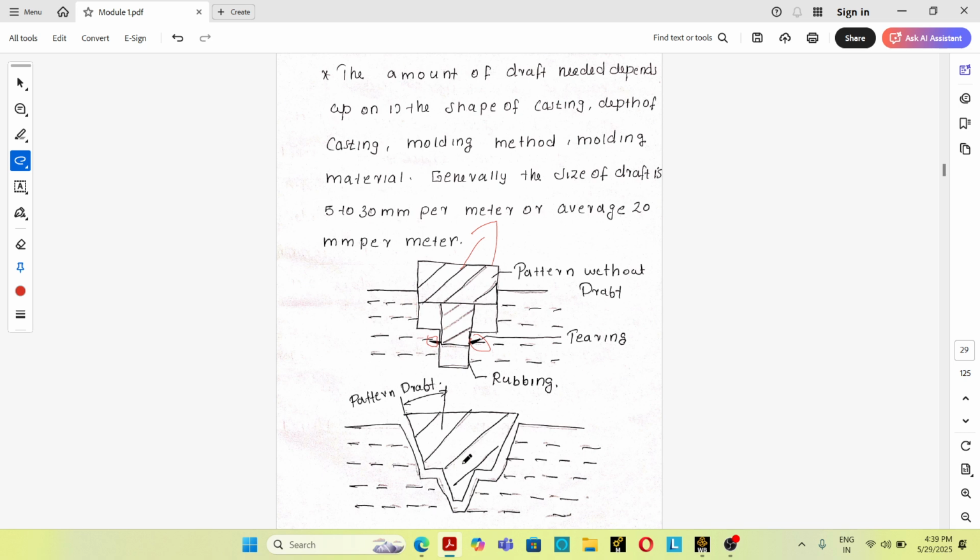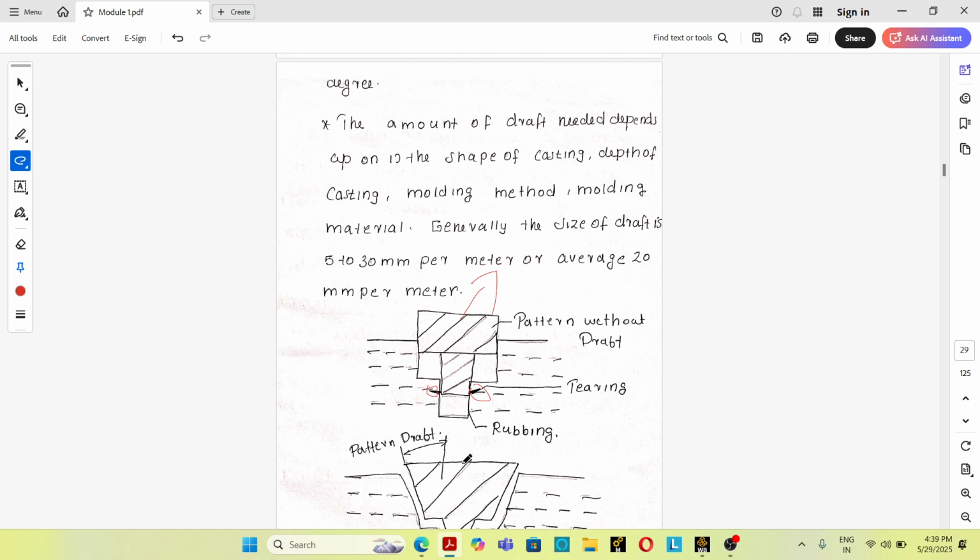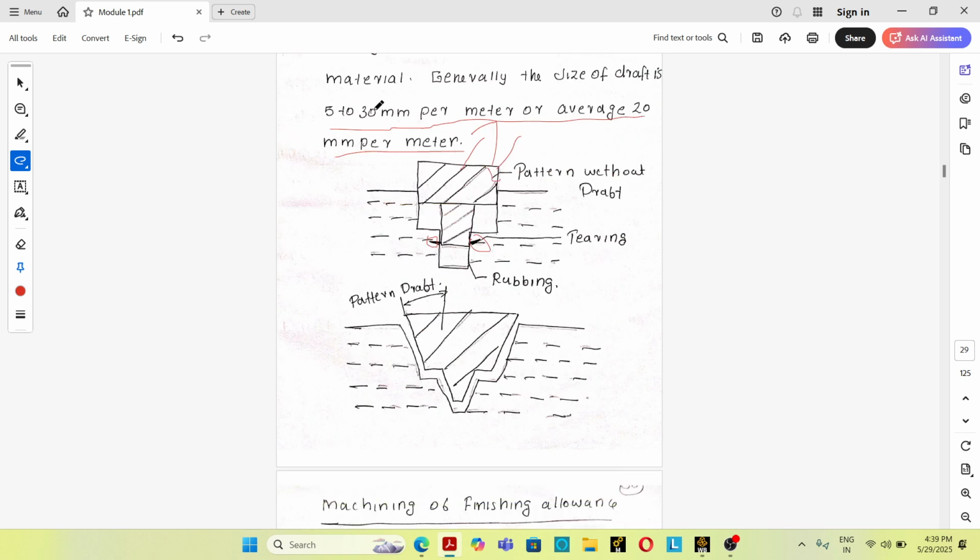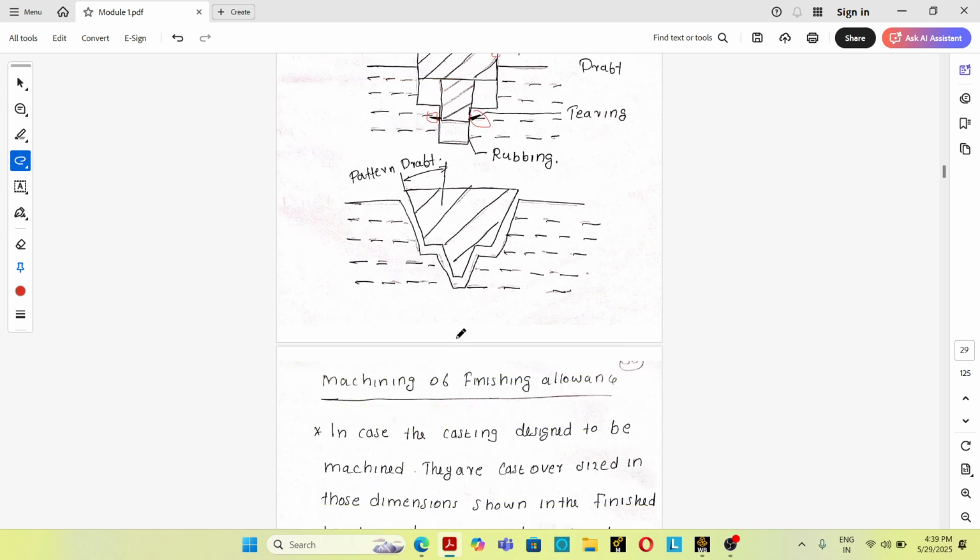So draft allowance is the taper provided on the vertical face of the pattern for easy removal of the pattern from the sand casting mold. Generally the draft provided to the pattern is 5 to 30 mm per meter, or on average 20 mm per meter. Okay, so that's the purpose of the draft allowance.